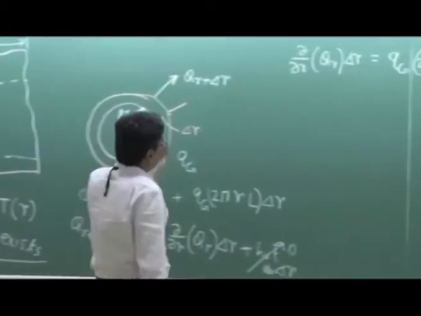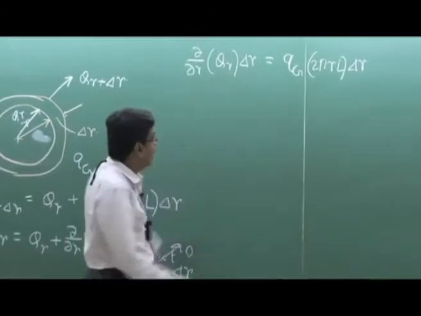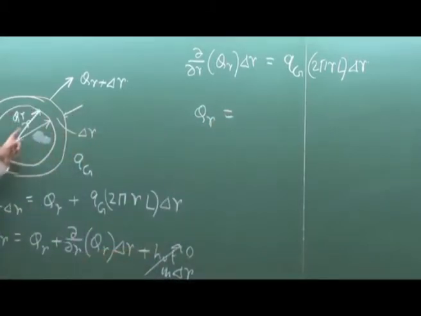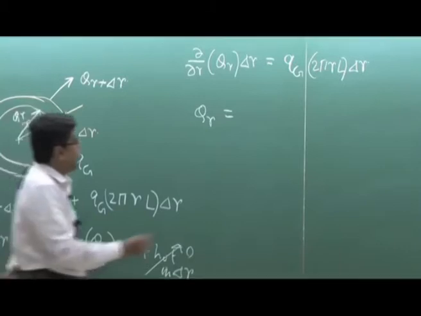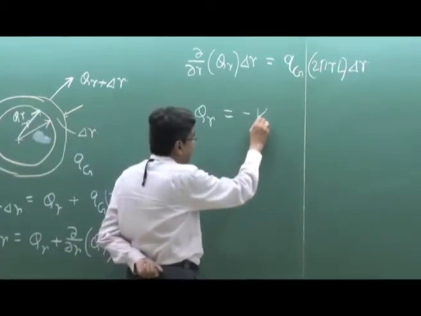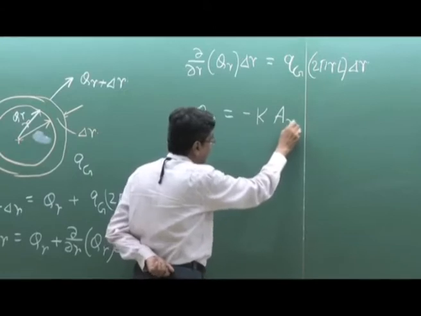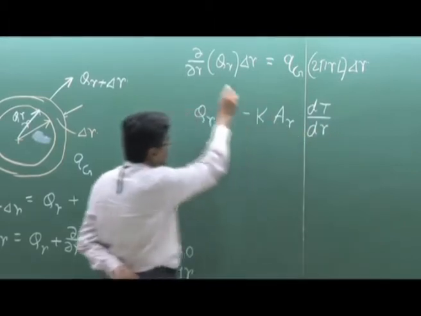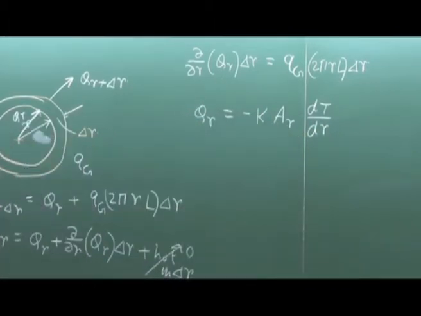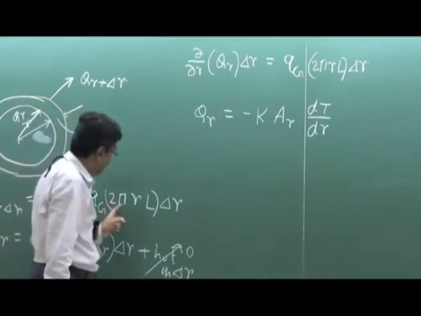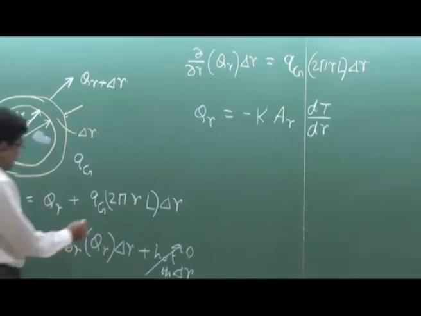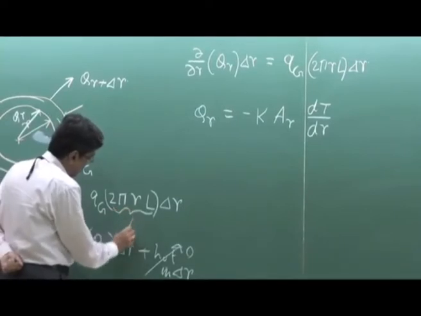Now we have to replace QR by the Fourier heat conduction equation. What is QR? At any arbitrary radius r, QR is minus k into the cross-sectional area at that r into dT dr. If we put that here, twice pi r L is actually the cross-sectional area, so I can write it in terms of the cross-sectional area AR.